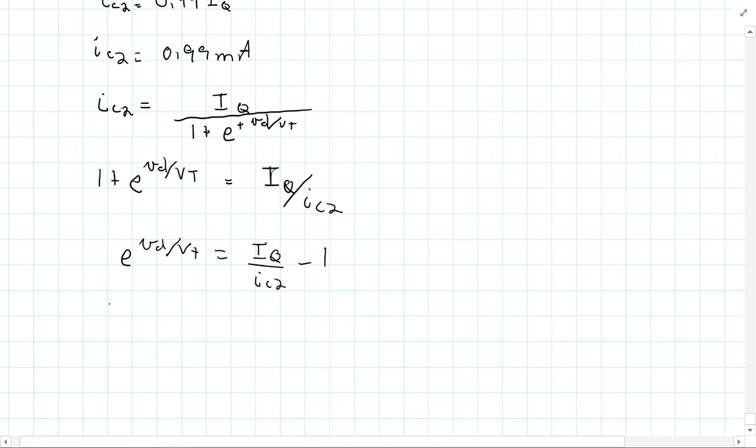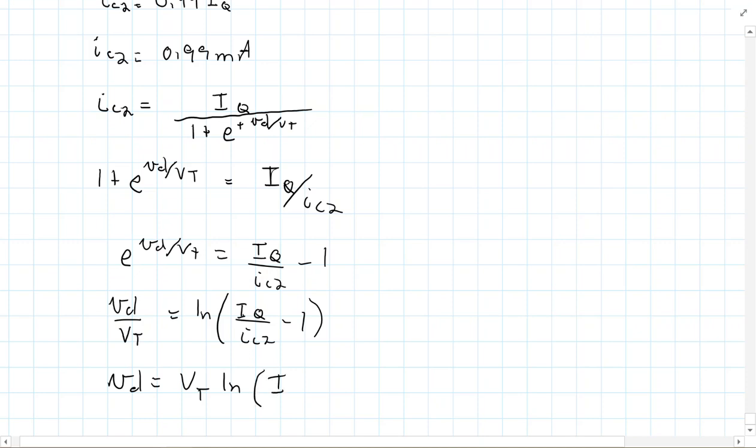Take the natural log of both sides, so you have VD over VT is the natural log of IQ over IC2 minus 1, and then VD would be VT times the natural log of IQ over IC2 minus 1.